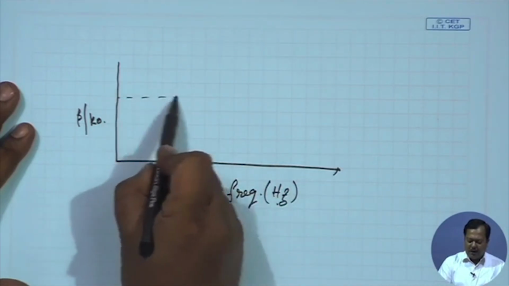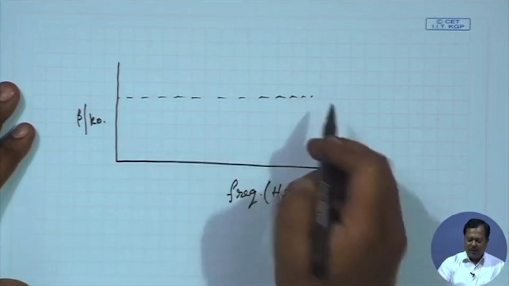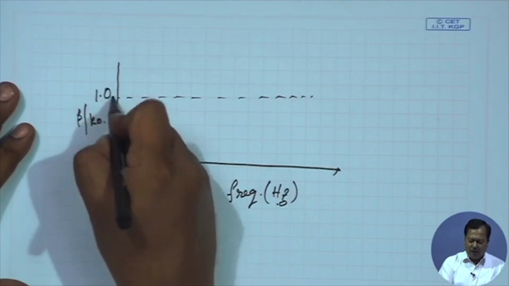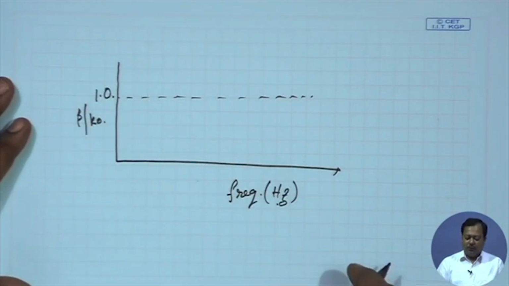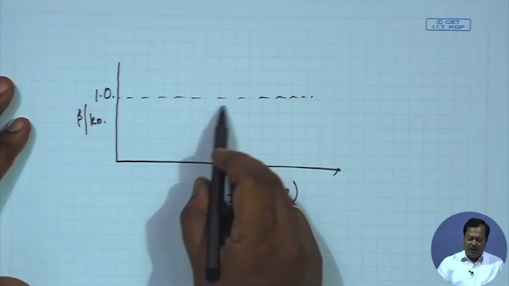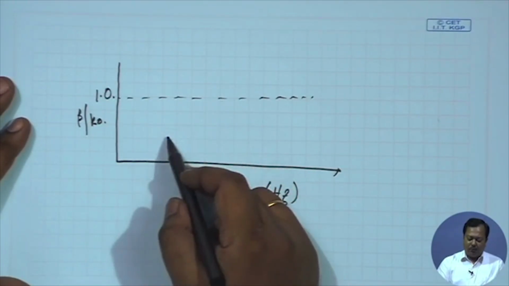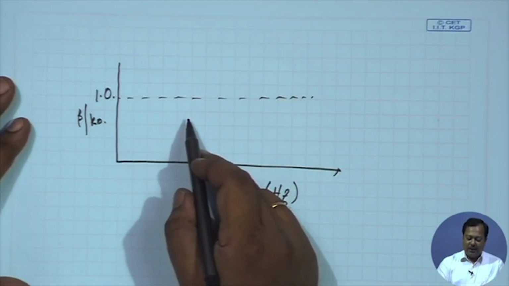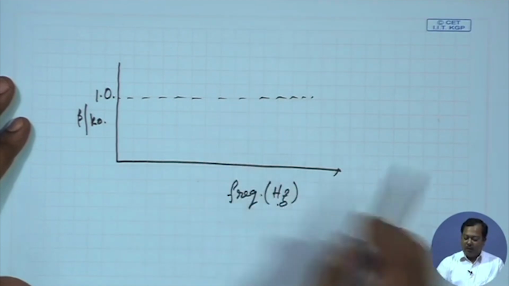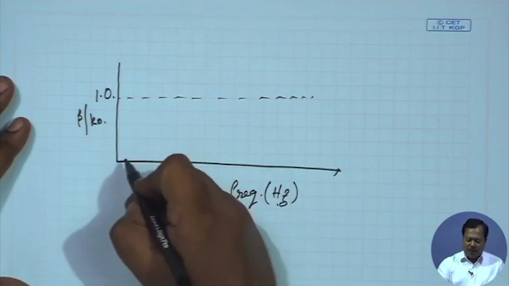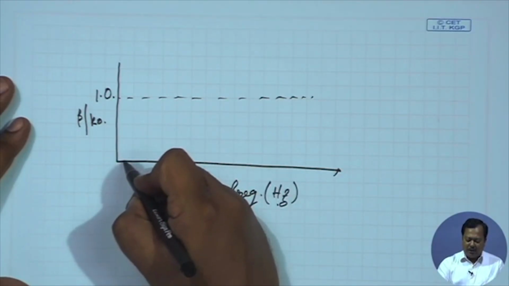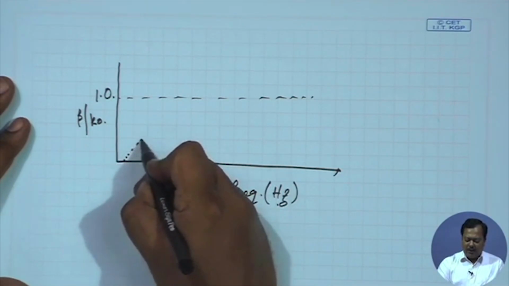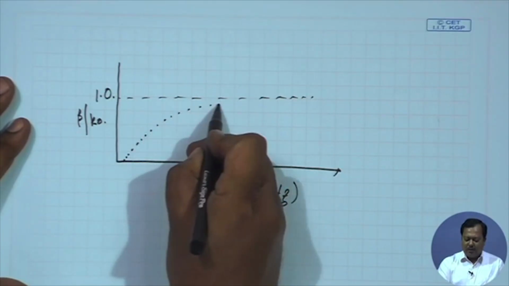If beta by k naught is less than 1, that represents Vp higher than C, or fast wave. So for a rectangular waveguide, if I plot beta by k naught, let us say this is the Fc, then it varies according to this dotted line.